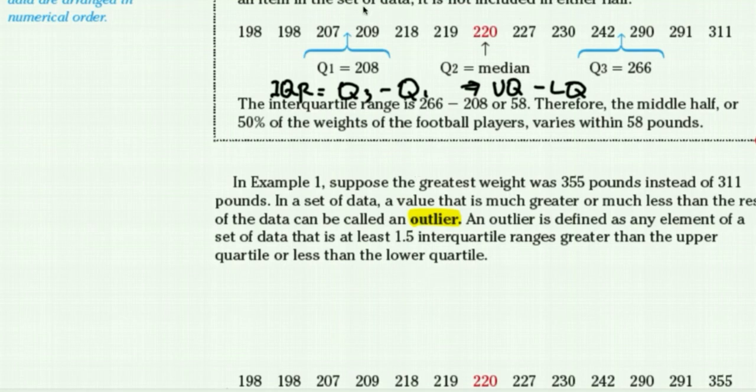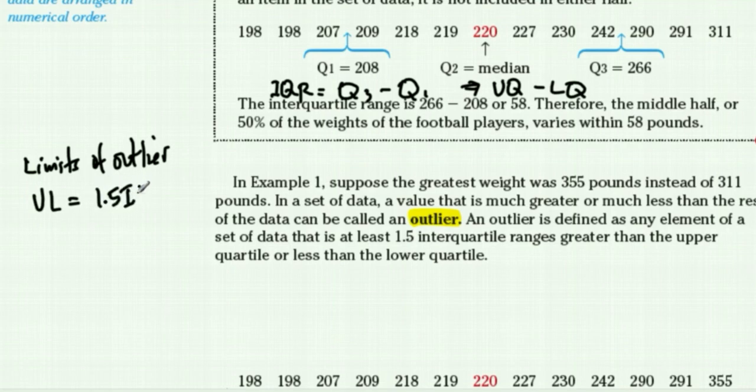In symbols, the limits of the outlier are as follows. Your upper limit, UL, will be equal to 1.5 times your IQR added to your Q3, or upper quartile.